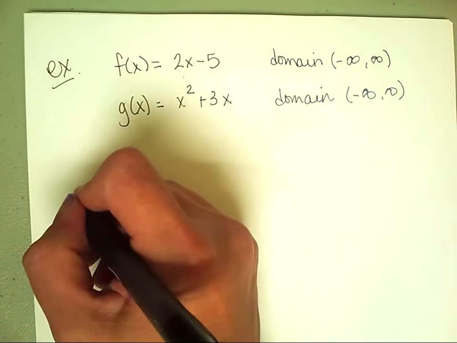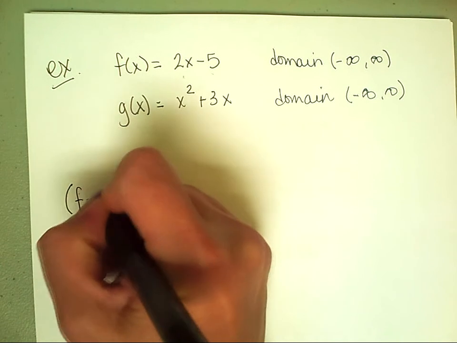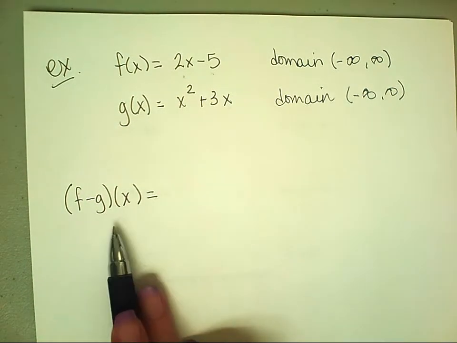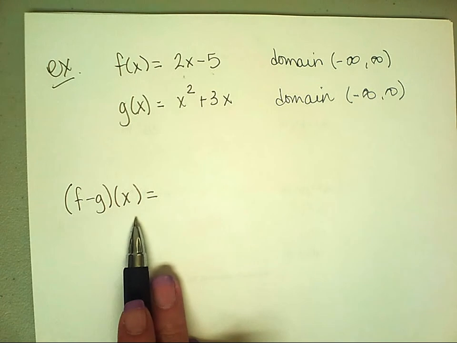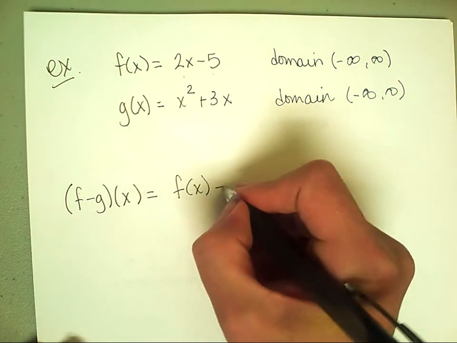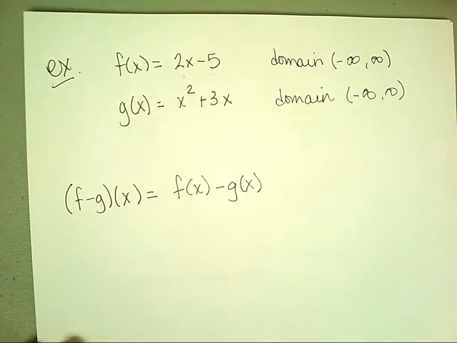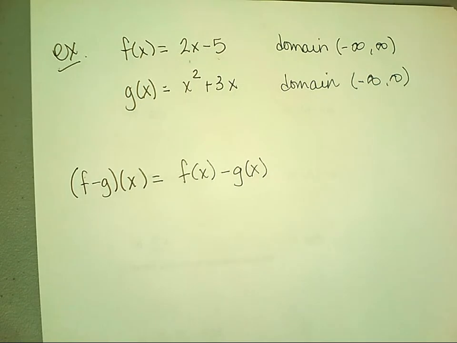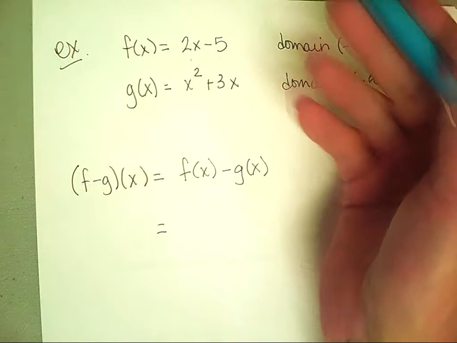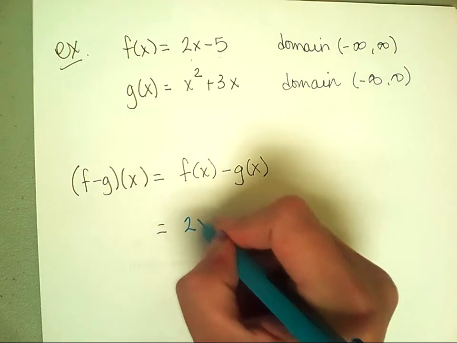So now let's find f minus g of x. Okay, so f minus g of x. Alright, well I always just like to write out what that means. That means we're going to take f of x and subtract g of x off of it. So f of x is 2x minus 5.